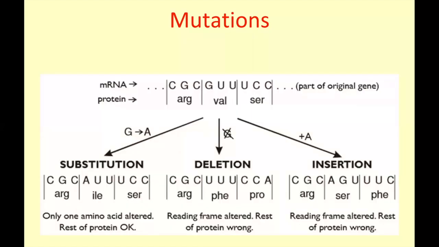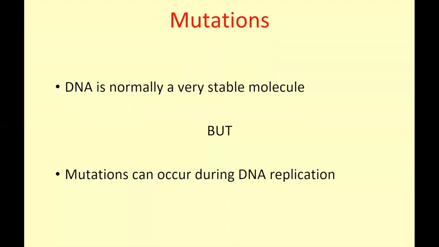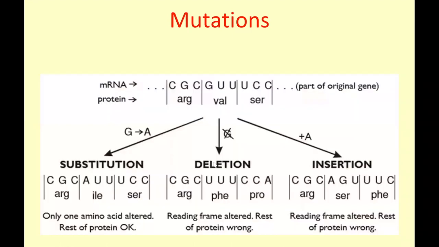But as we've talked about, mutations can occur during DNA replication, either mitosis or meiosis. And also there are environmental factors that are going to increase genetic mutation. Okay. So let's remind ourselves what a genetic mutation is. A genetic mutation is a change in the sequence of coding DNA, okay, leading often to a change in the protein, okay?